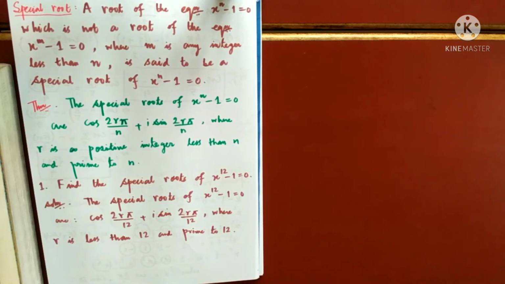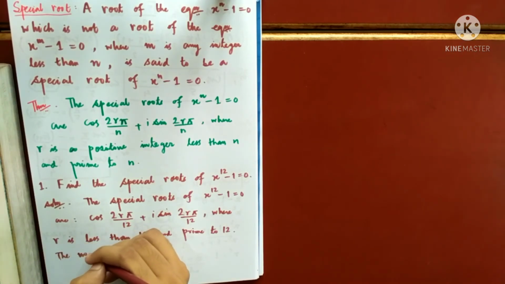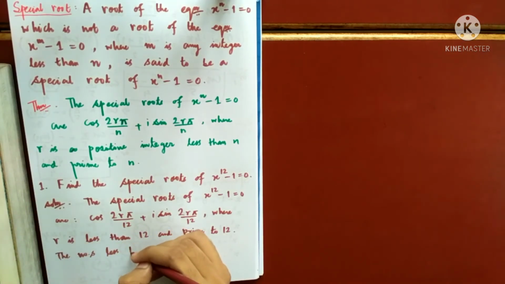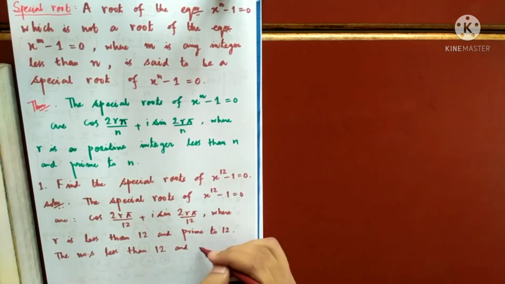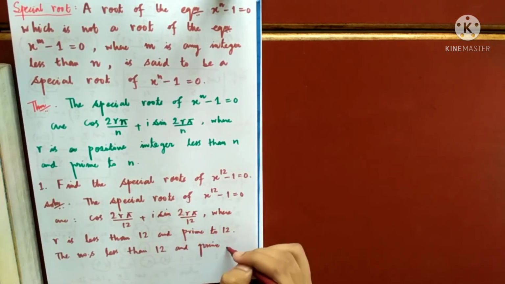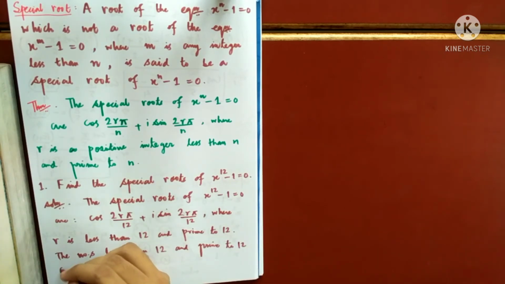The numbers less than 12 and prime to 12 are, so what are the numbers? 1, 5 and 11.